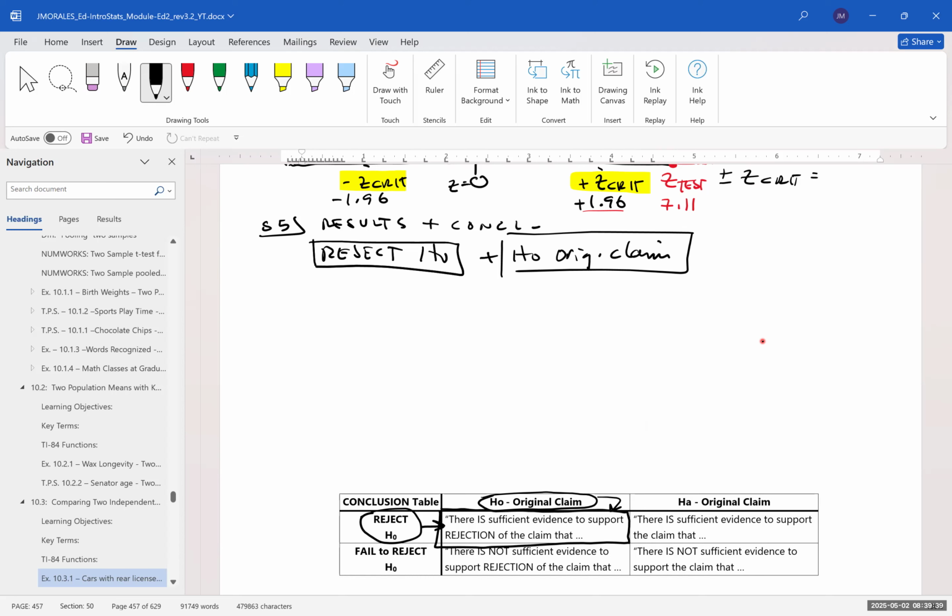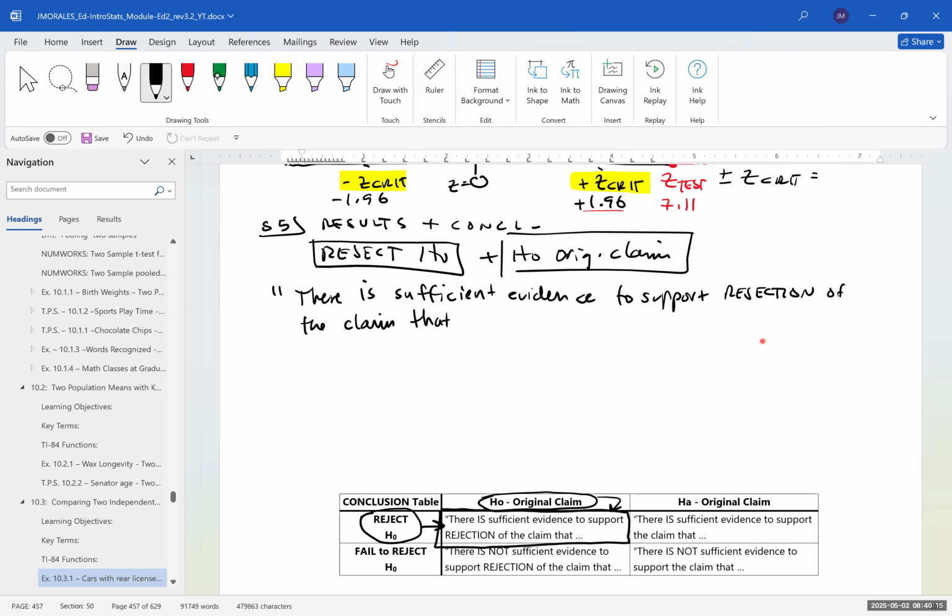Okay, so let's start writing. This is our conclusion. There is sufficient evidence to support rejection of the claim that, okay, so now we need to put in our claim.